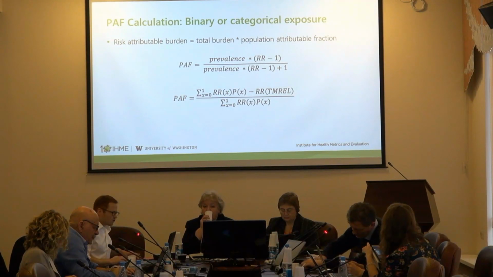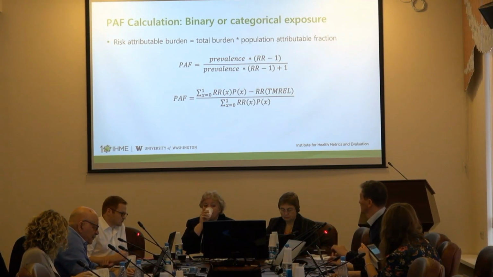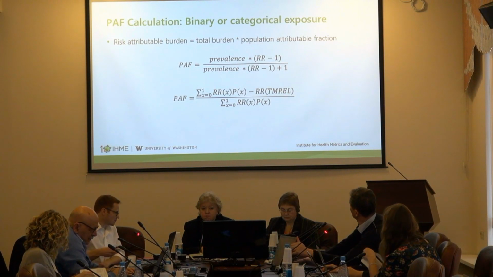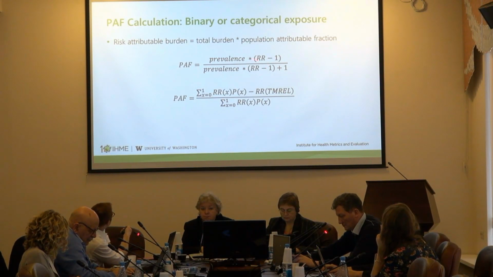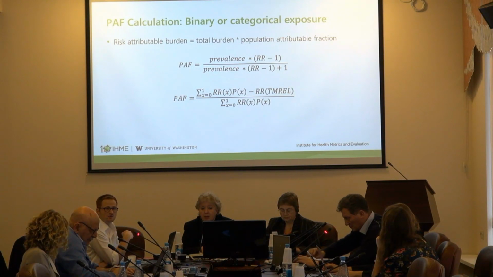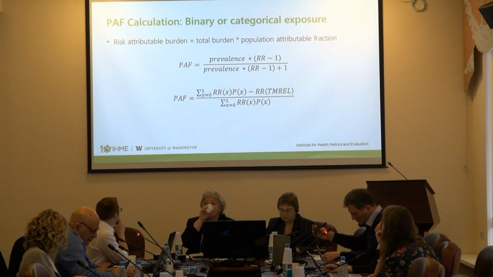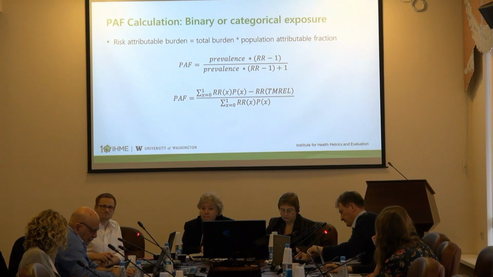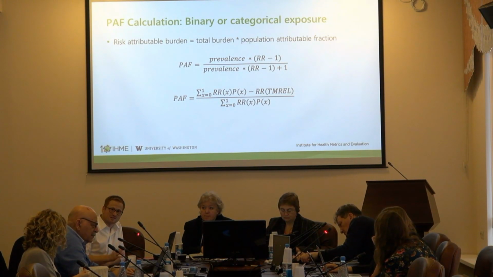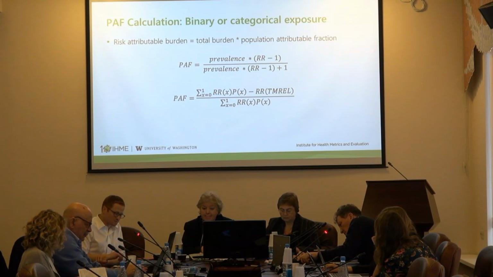For binary and categorical exposures, PAF calculation is relatively straightforward. You can see this is the equation to calculate PAFs based on prevalence and relative risk for binary exposure. And then this is the equation we use for a categorical exposure. These are straight out of any basic epidemiologic textbook.